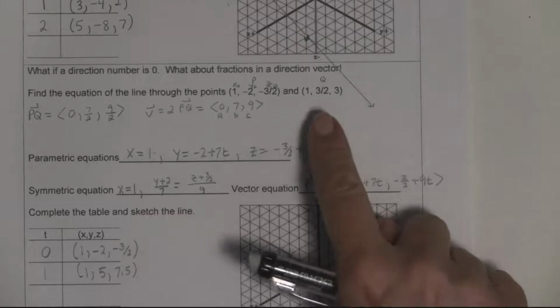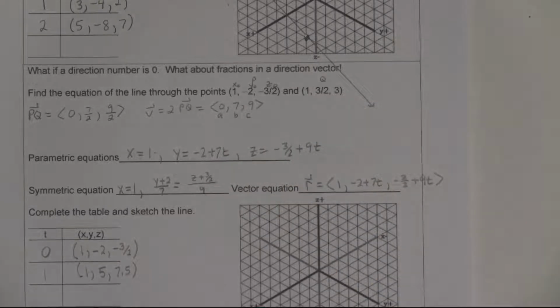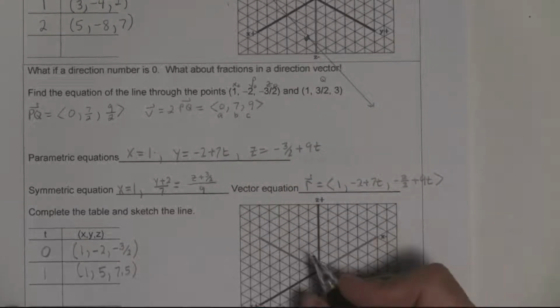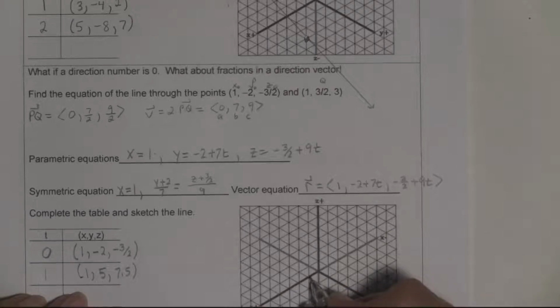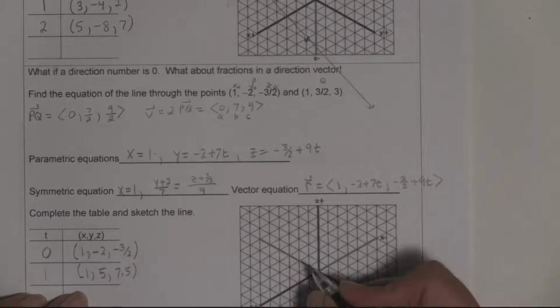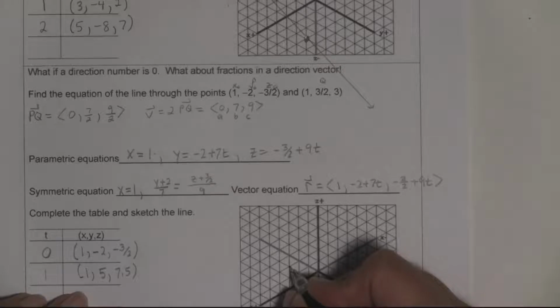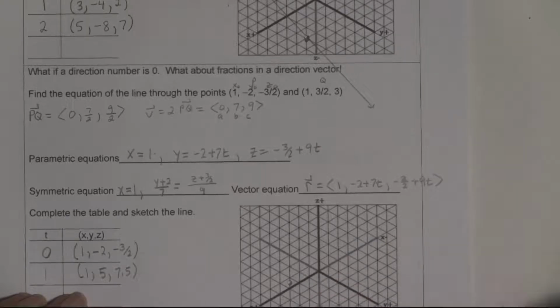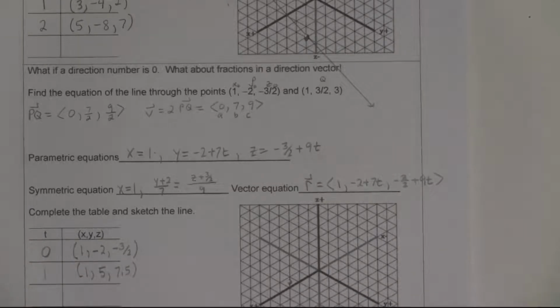And of course I have that point Q too, which I could use. So down 1 over y negative 2, and then down 1.5. I just estimated that to the best of my ability, so I have that point there.